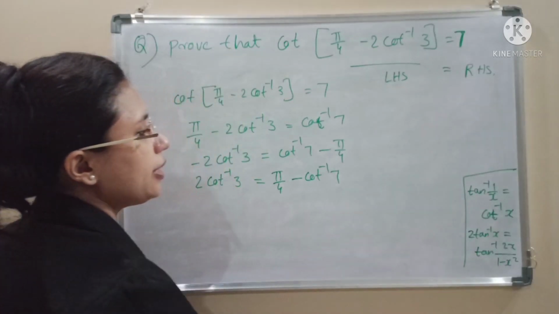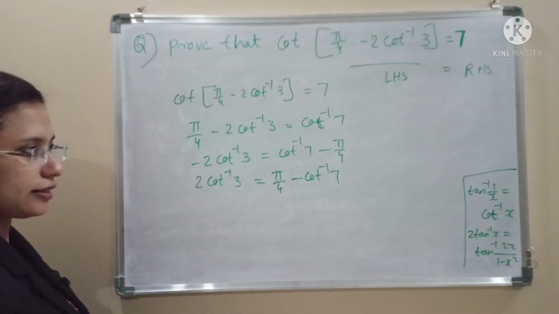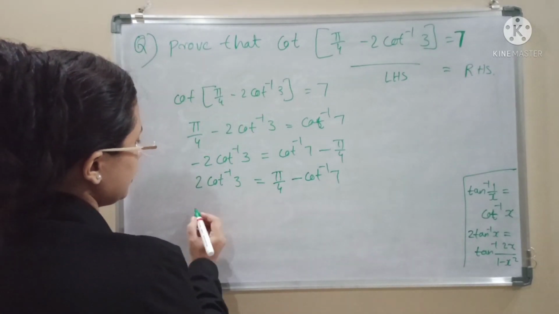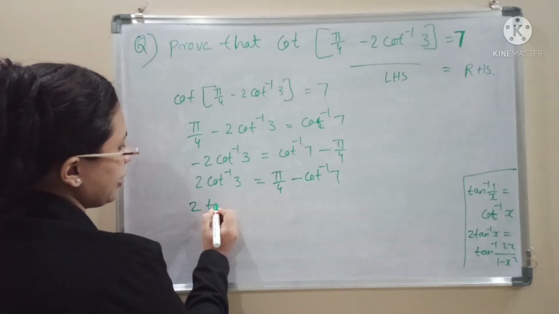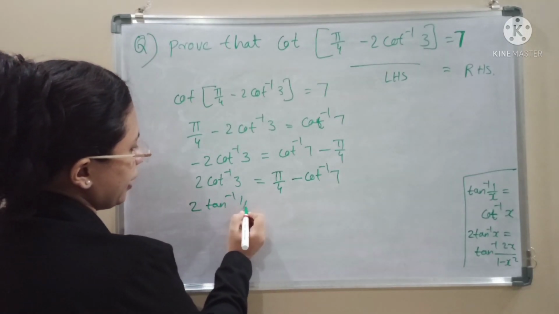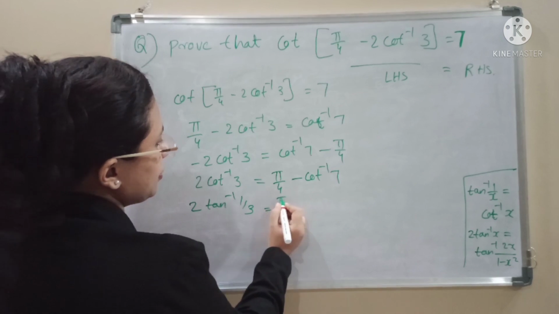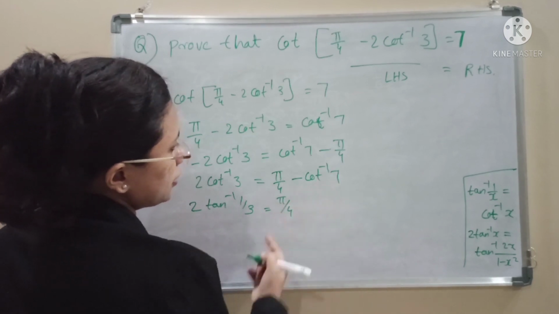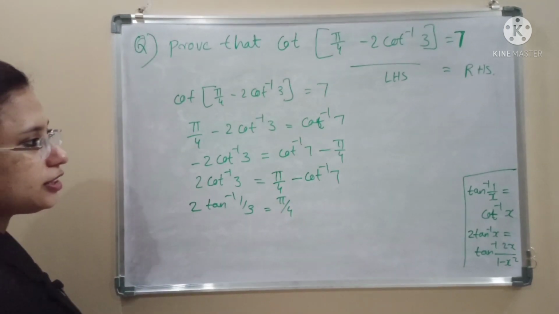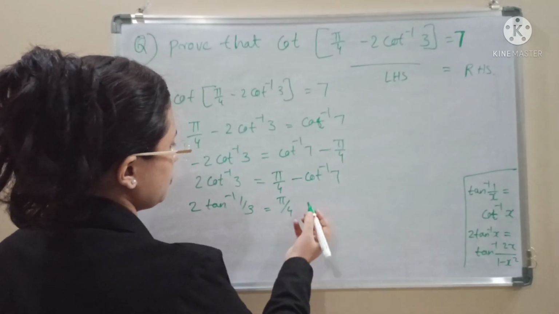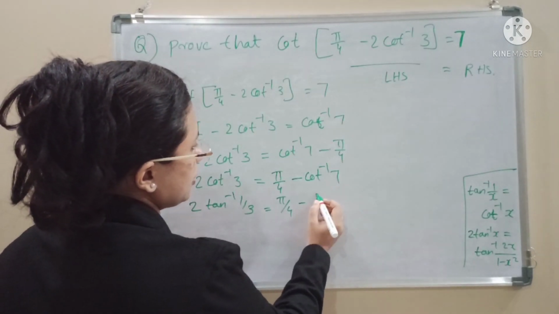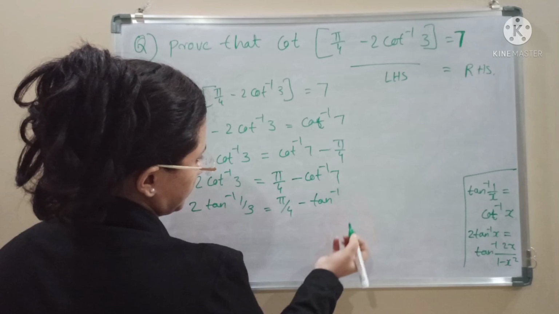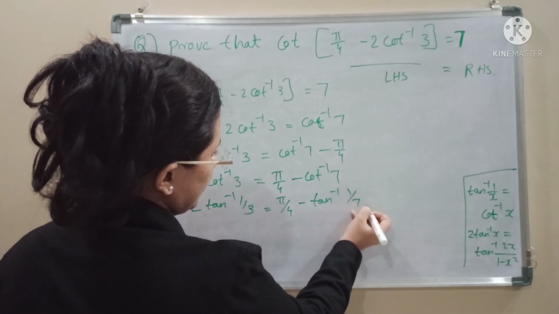Tan inverse 1 by x will be cot inverse x. So here I can replace cot inverse 3 by tan inverse 1 by 3. Similarly, cot inverse 7 will be tan inverse 1 by 7.